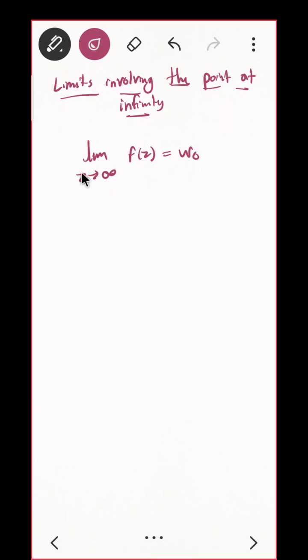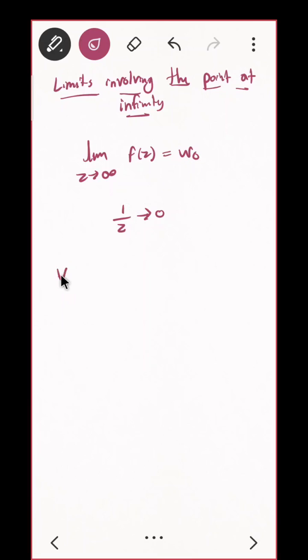You can convert this. As z tends to infinity, what about 1 by z? That tends to 0, correct? So you can convert this to that form. So you can now give the definition of the limit.